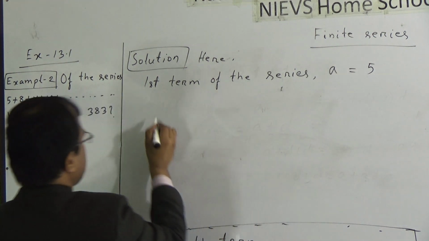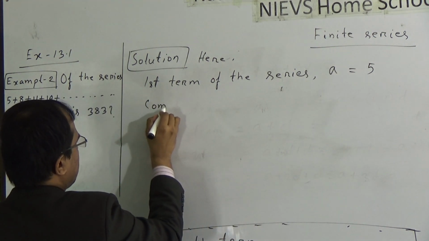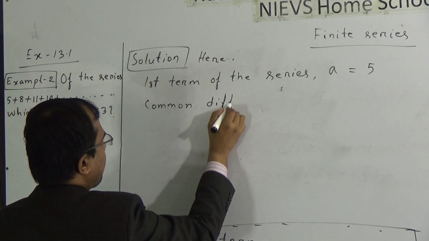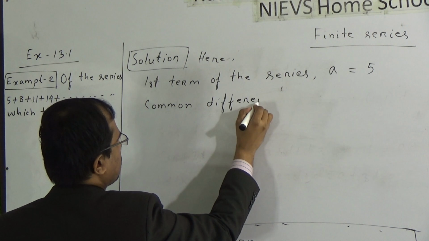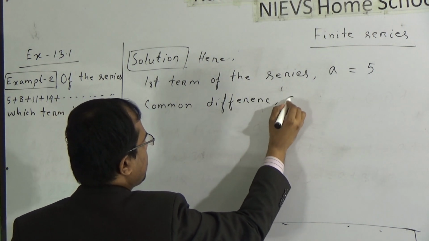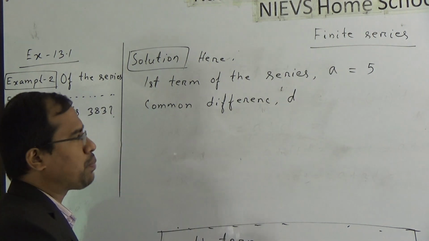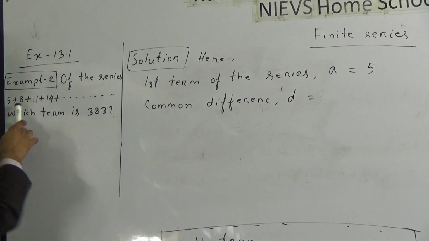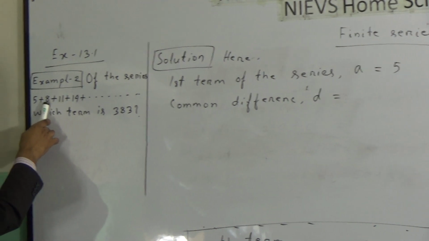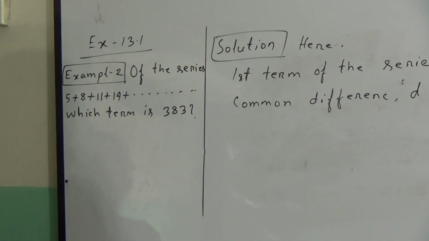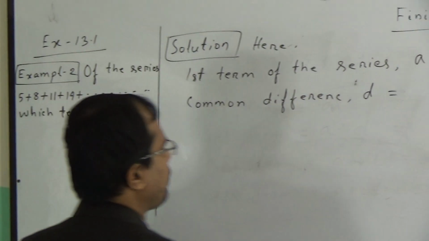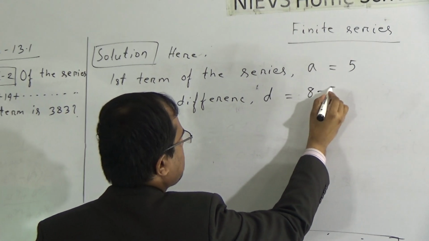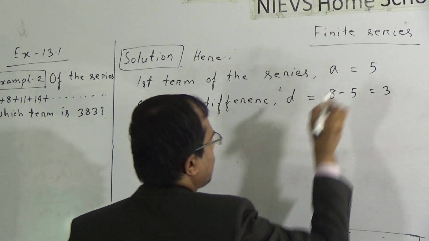Common difference: we will denote common difference by d, and here d equal to 8 minus 5 equal to 3, 11 minus 8 equal to also 3, and 14 minus 11 equal to also 3. So common difference will be 3. 8 minus 5, this is equal to 3.